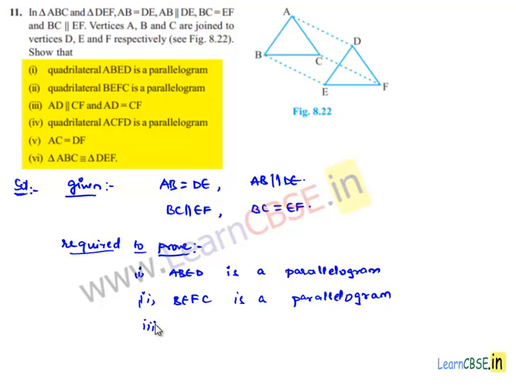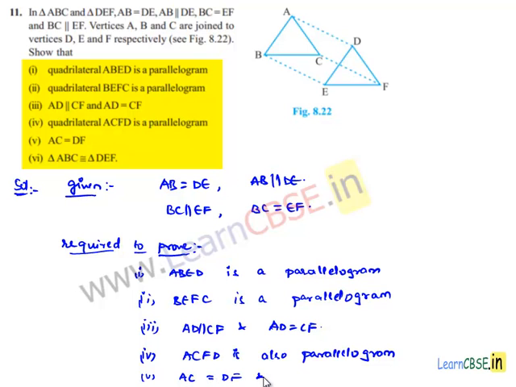Third thing, AD is parallel to CF and AD is equal to CF. Fourth, ACFD is also a parallelogram. Fifth, AC is equal to DF, and sixth, triangle ABC is congruent to triangle DEF.